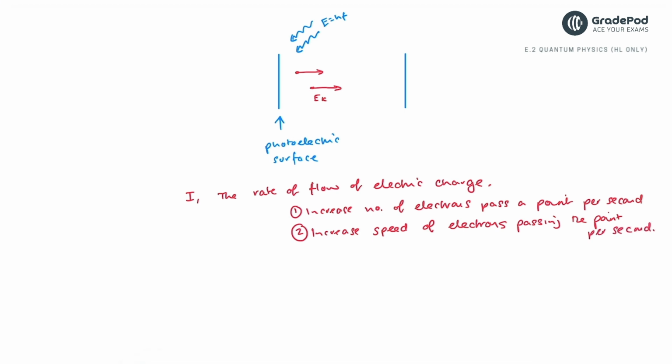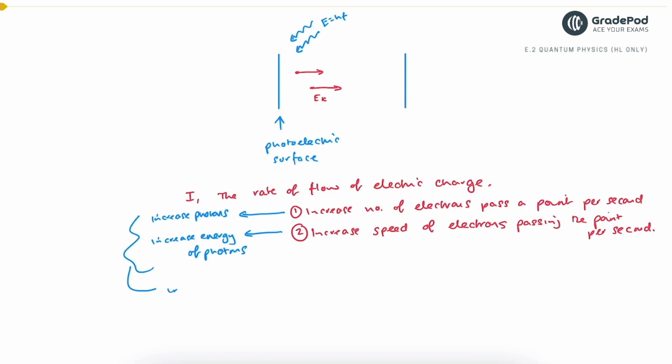If we relate this back to the photoelectric effect, to increase the flow of electric charge, by increasing the number of electrons, that means we simply increase the number of photons. Or increasing the speed of the electrons means we increase the energy of the photons. Either way, what we're doing is we're increasing the intensity.